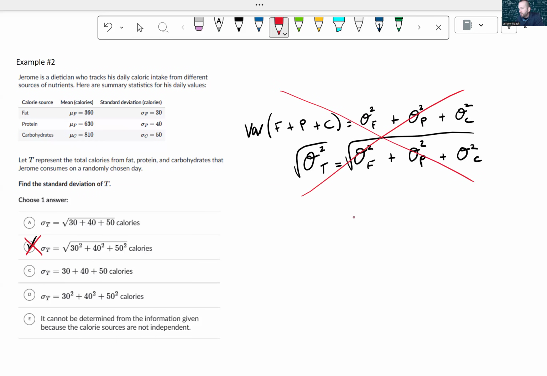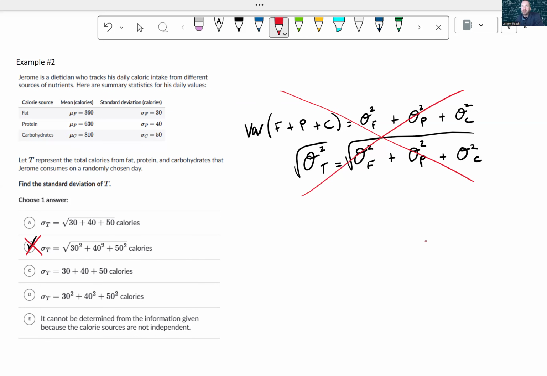And the reason is these variables are not independent. We have to ask ourselves this question about what's really happening in the word problem. If Jerome eats more food overall, will all of these variables increase or will just one variable go up? So if he eats more food overall, all three of these calorie sources are going to increase.